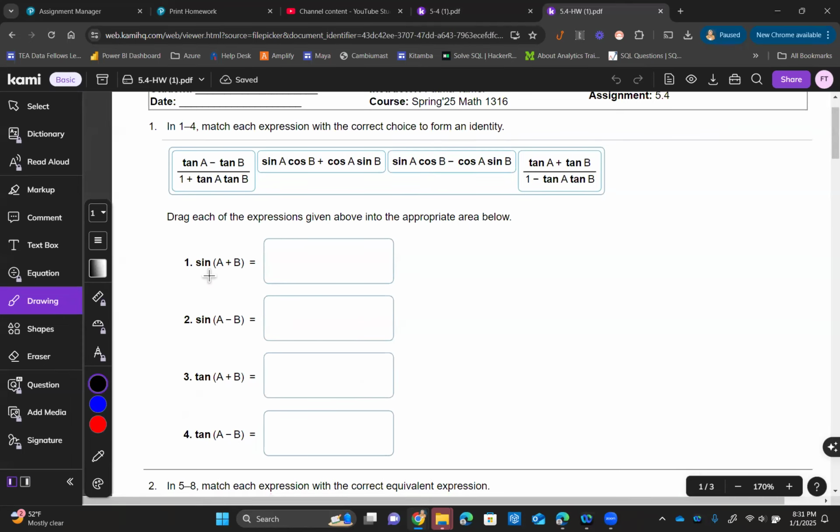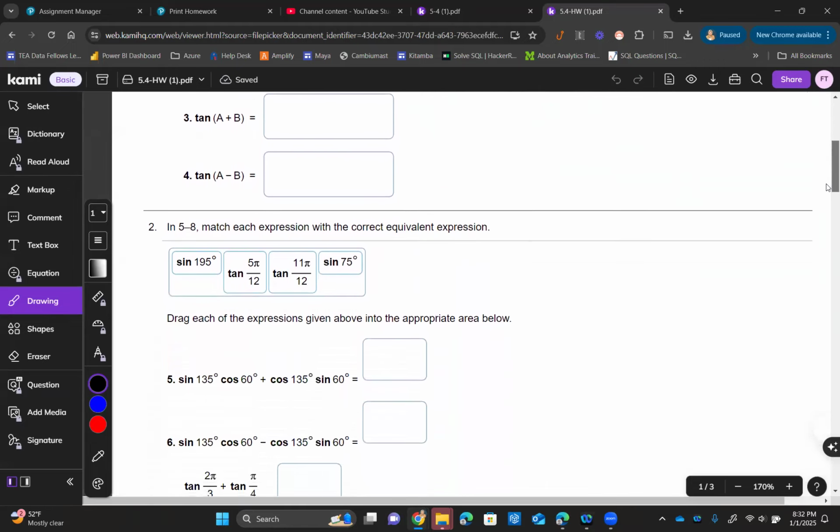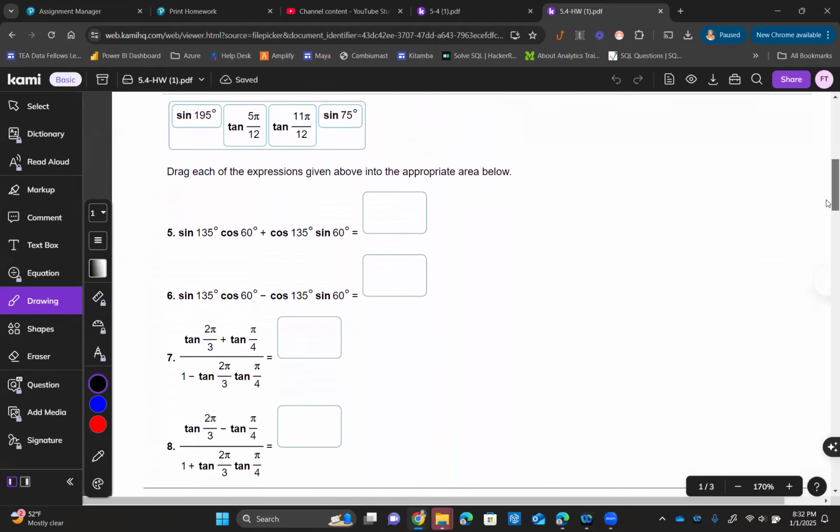We will match the formulas for sine of angle A plus B and sine of angle A minus B, and for tangent A plus B and tangent A minus B using these equivalent expressions. You know how to match them. For question 2, again, it's a matching problem.